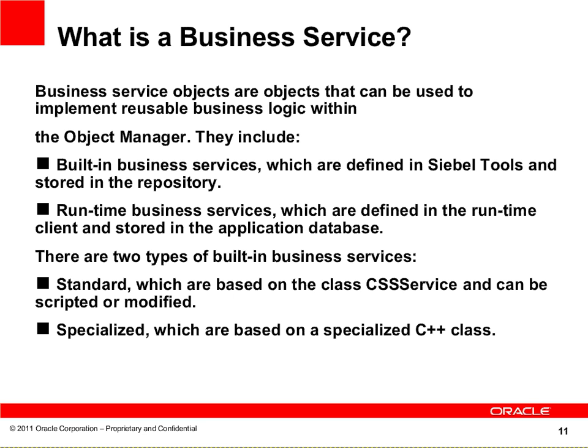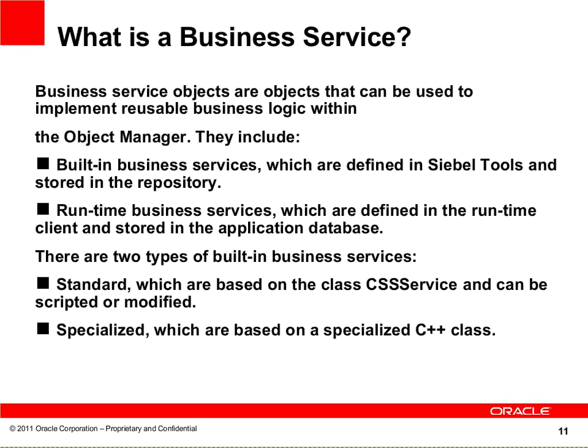There are several different types of business services. There are client-side business services and there are runtime business services. Runtime business service and client-side business service are the same thing. And then there are built-in business services. The difference is that a built-in business service is compiled into the SRF. So it's in Tools.